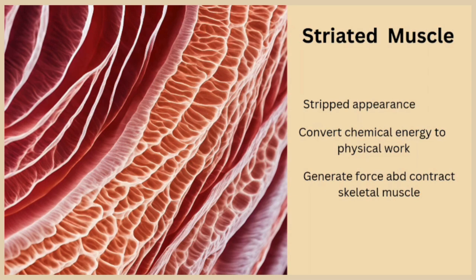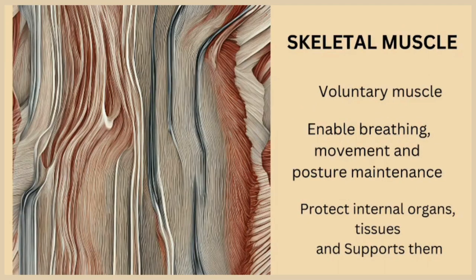Striated muscles are muscle tissues made up of long thin cells with many nuclei and with alternate light and dark stripes that usually connect to and move the vertebrate skeleton, and that are mostly under voluntary control. These muscles convert chemical energy into physical work and their main function is to generate force and contract.